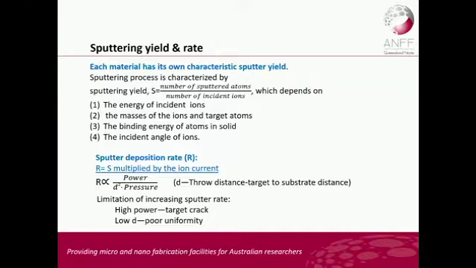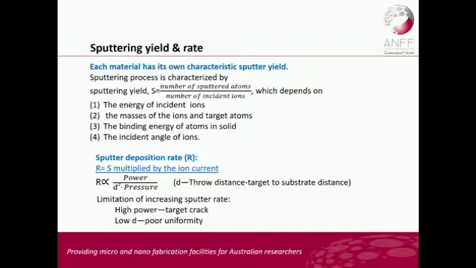It depends on the incident ion energy, the masses of the ions and the target material, the binding energy of the atoms in the target, and the incidence angle of the ions. Sputtering rate is sputtering yield multiplied by the ion current.